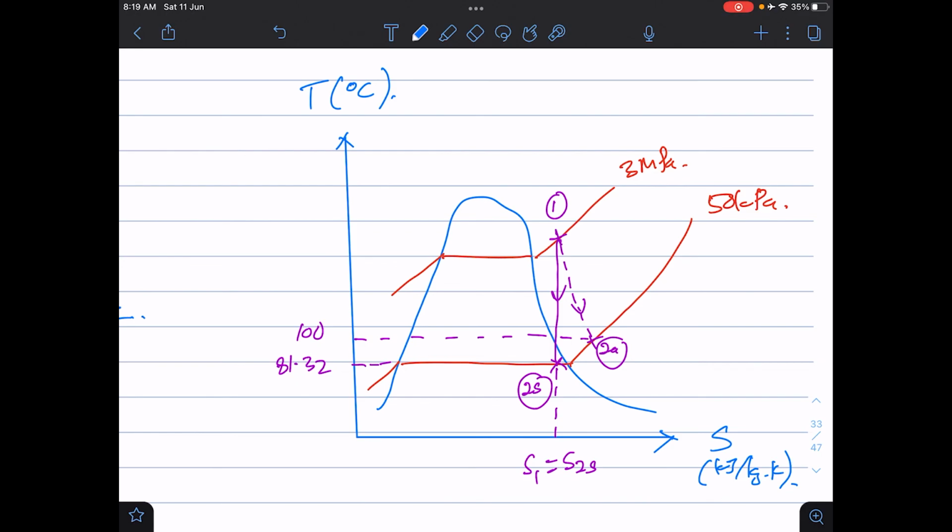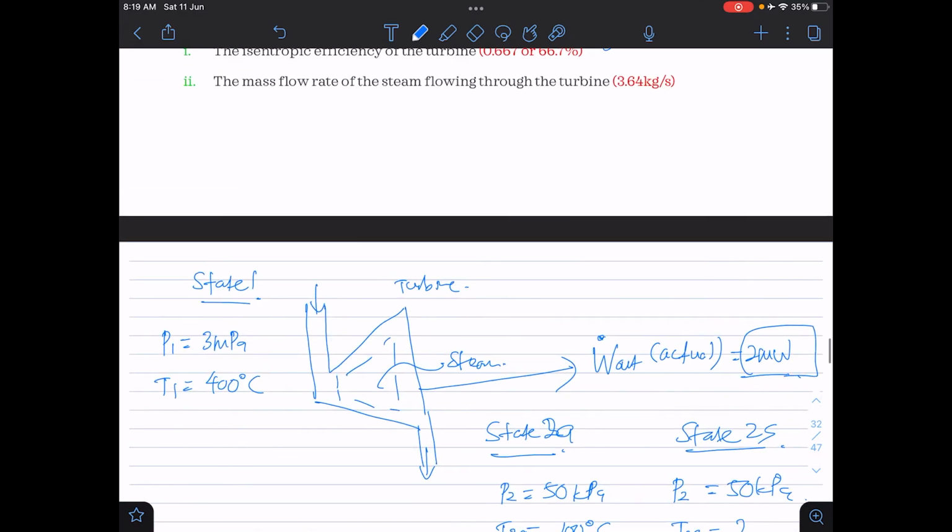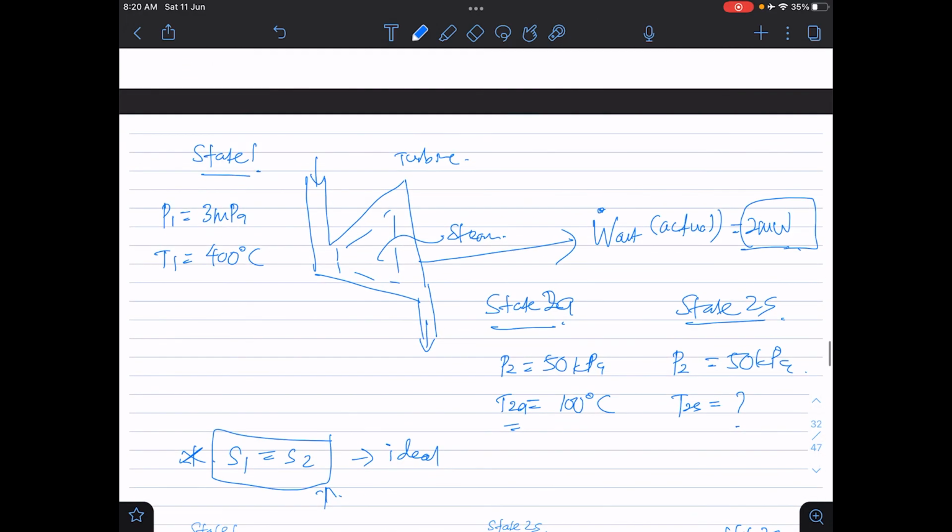So basically the ideal condition is just for your reference, to know that that is the limit for the output of this turbine, while the actual one is what you experience when you run it in real conditions. Okay, that's all for this example turbine. Thank you.